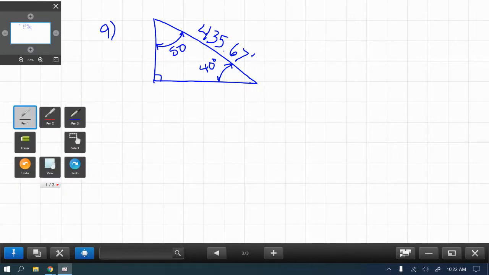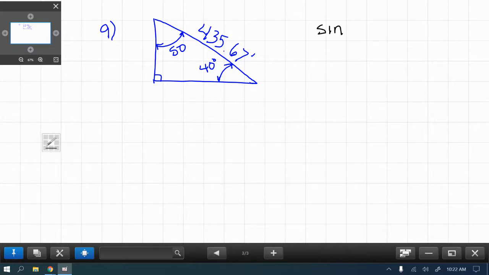Formulas. Sine of the angle. Most of y'all got that one.